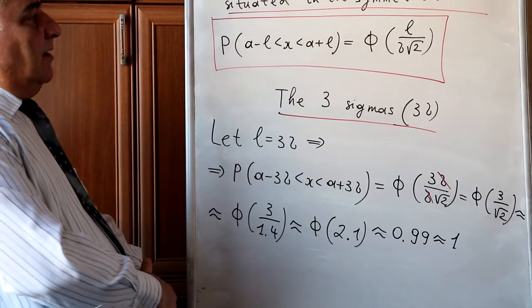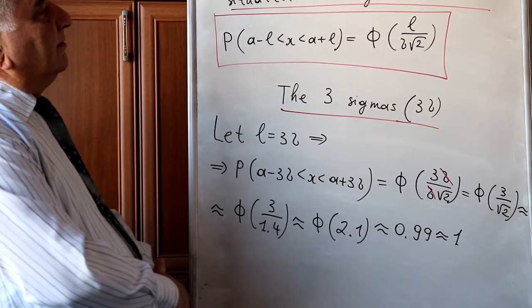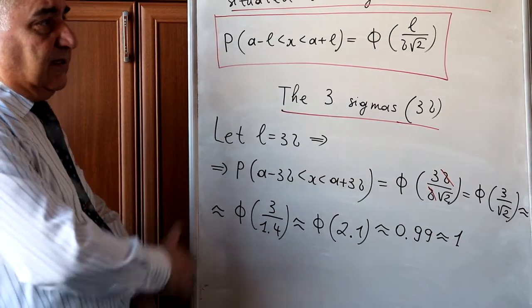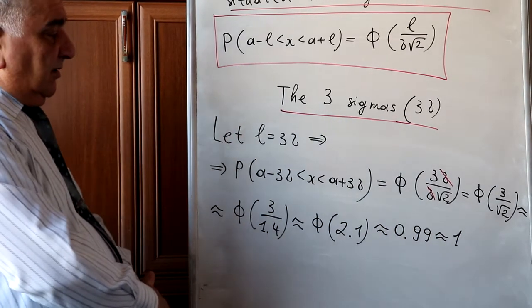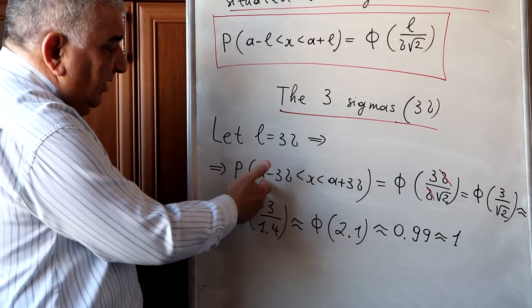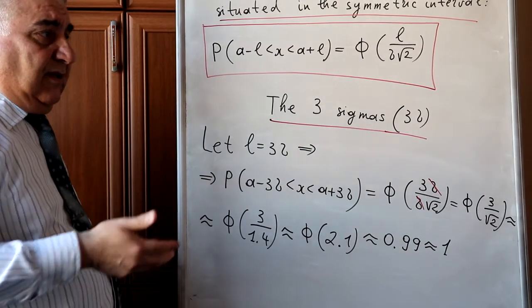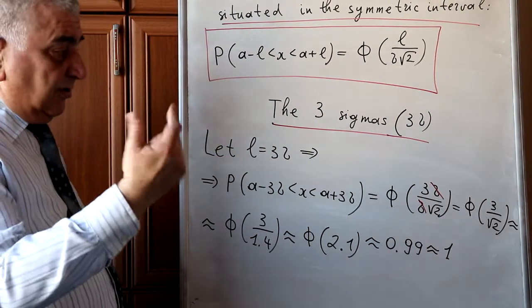It means the falling of the continuous random variable into the interval a minus 3 sigma, a plus 3 sigma is a certain event because its probability is unit.